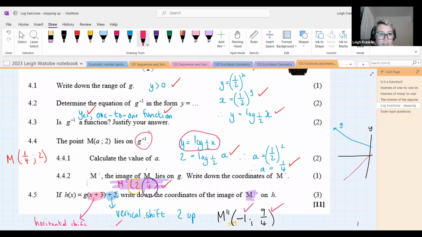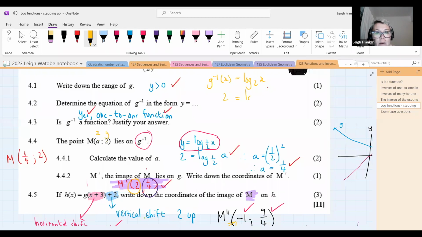It's our log function. So g to the minus 1 of x is log base 2 of x. Here they are telling us our x coordinate is a and our y coordinate is 2. So we're going to take that 2 and sub it in place of y. Sorry, it's not that, it's a half.